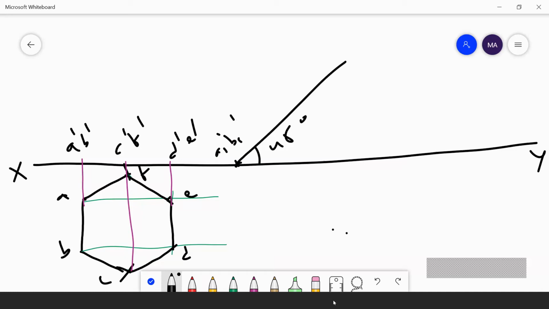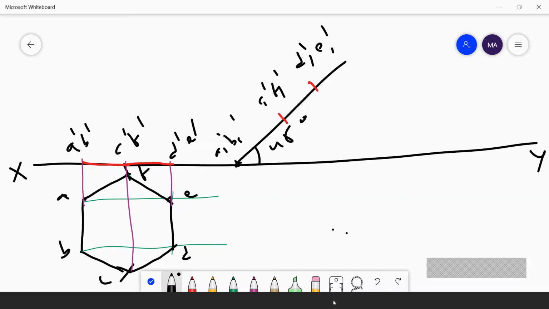Then I am measuring from A1 dash to C1 dash, F1 dash, cutting an arc here. I am measuring from C1 dash to D1 dash and cutting an arc here. And I am marking the point C1 dash, F1 dash, D1 dash, E1 dash. Understand? Is it clear?